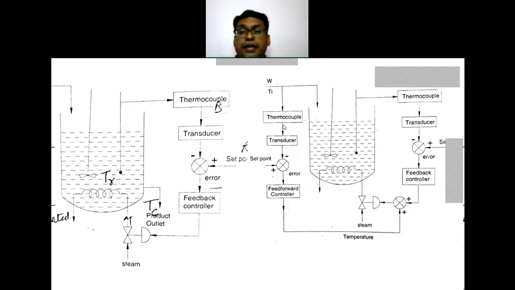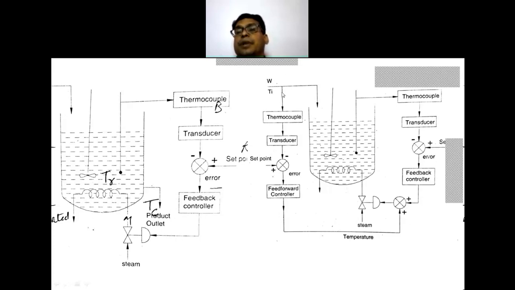So now we are comparing here the feedback and the feedback with the feed forward. Feedback incorporates only thermocouple, transducer, comparator and feedback control. Here the same thing, thermocouple, transducer, comparator and feedback. Now there is the addition of a second comparator, which takes one signal from the measured value and the second signal from the inlet temperature.